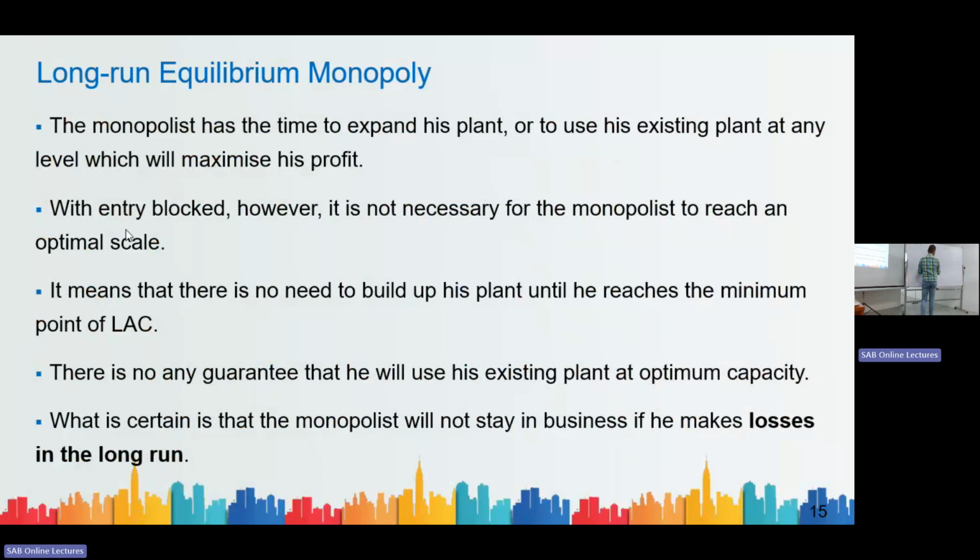This is the minimum point of the long run average cost, and this is the optimum scale, where the long run average cost is the minimum.